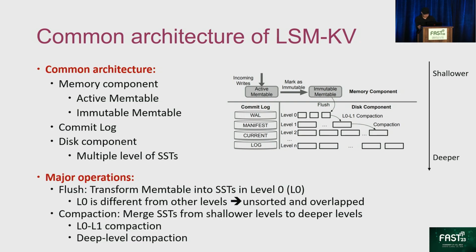And the second job is the compaction, which merges and sorts SS tables from shallow levels to the deeper levels. So level 0, level 1 compaction is also different from other compaction jobs, as it will collect all the level 0 SSTs as the input. Therefore, the processing of level 0 is critical to the system performance.